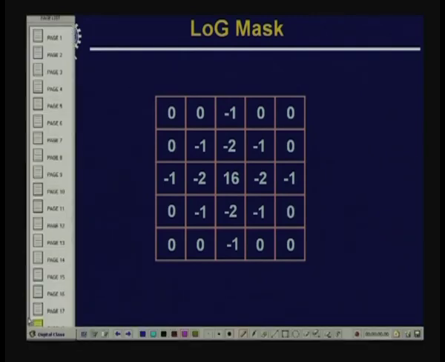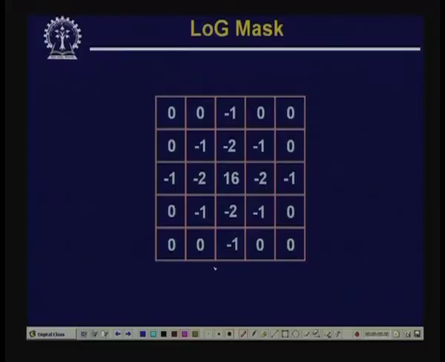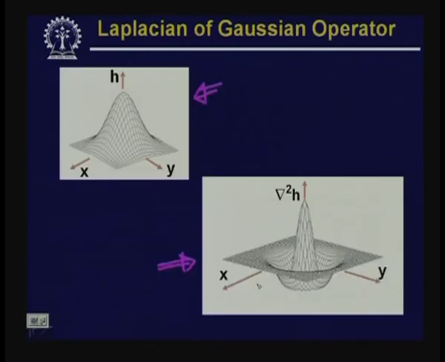Here you find that our Laplacian of Gaussian mask, or LOG mask, is a 5 by 5 mask. If you compare this with the Laplacian of Gaussian expression and the surface, you find that at x equal to 0 the LOG is positive, then it becomes negative, maximum negative, then moves towards a value 0.